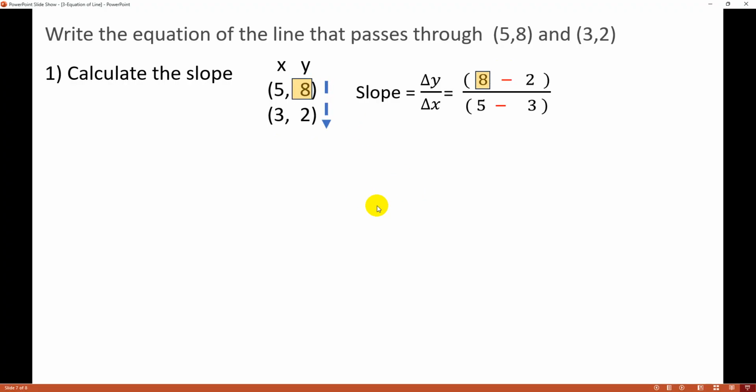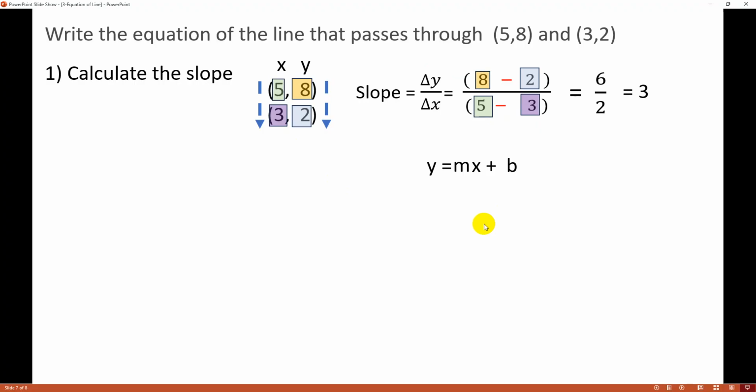The first y is 8, the second y is 2, and we divide that by the difference of the x's, which is 5 minus 3. The result would be 6 over 2. 8 minus 2 is 6, 5 minus 3 is 2. And 6 divided by 2 is 3.